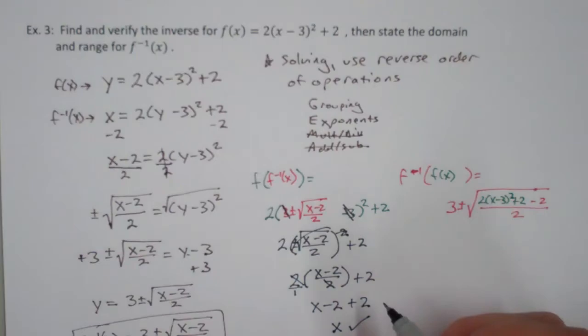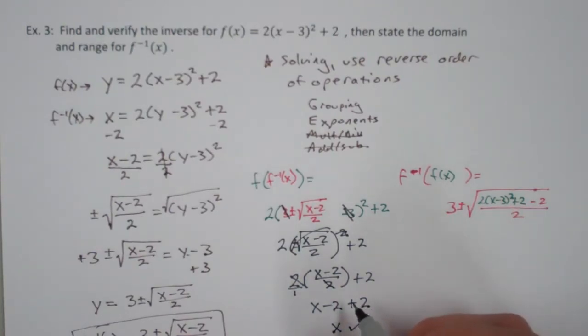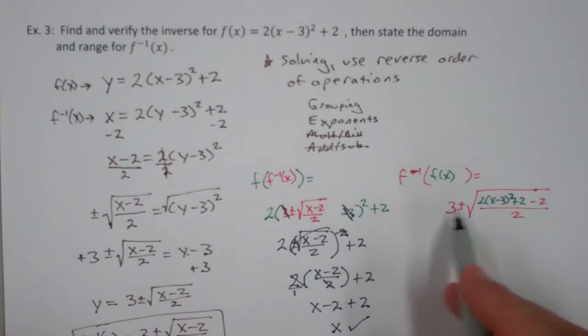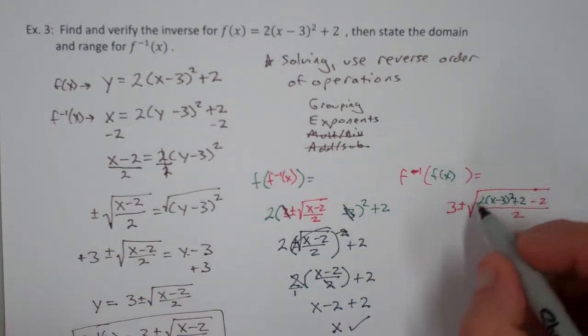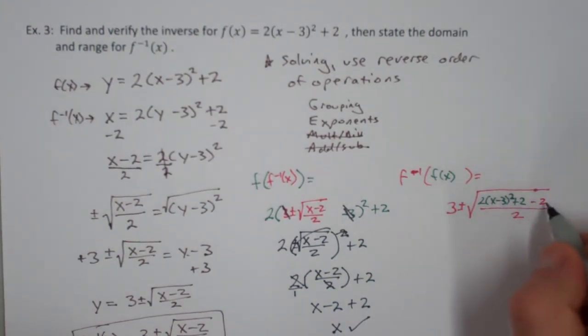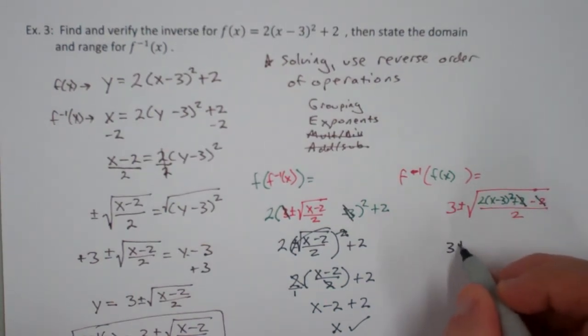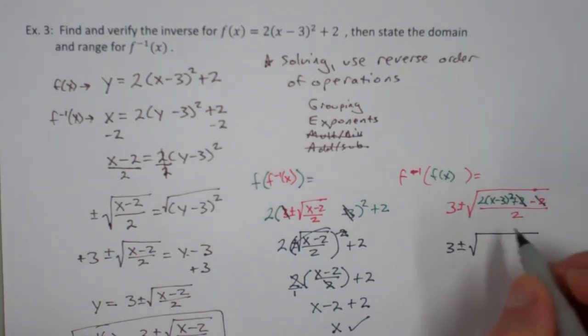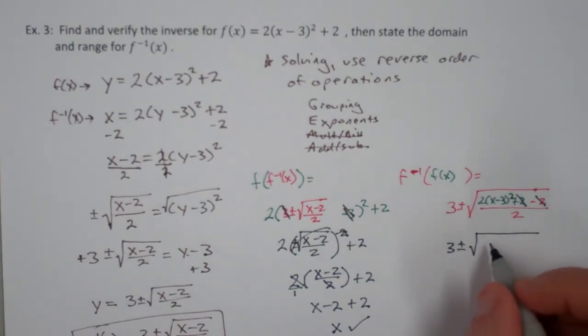Negative 2 plus 2 is 0, so we just have x. That's good for us. That's the first part of the verification, and that tells us that we think now these are actual inverses. We need to get just x in the end. Let's see if that happens here. Inside this whole square root and in the numerator position, I'm seeing that 2 minus 2 is 0. And now we've got 2 times x minus 3 squared all over 2.